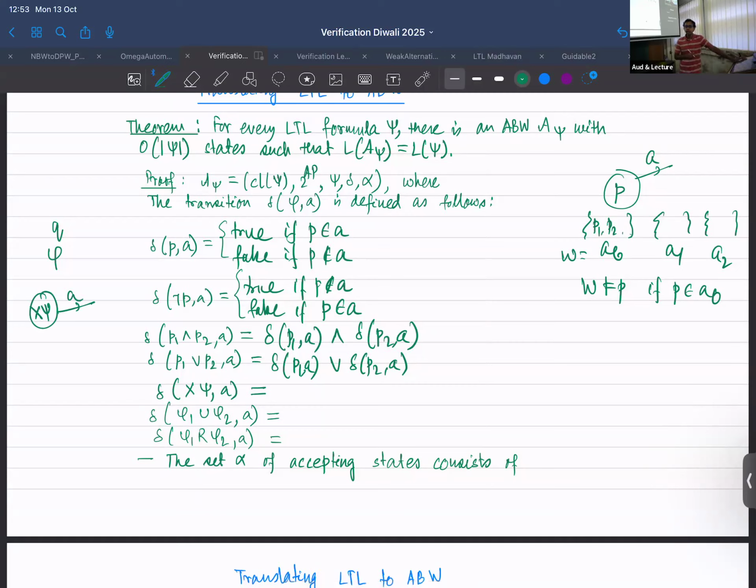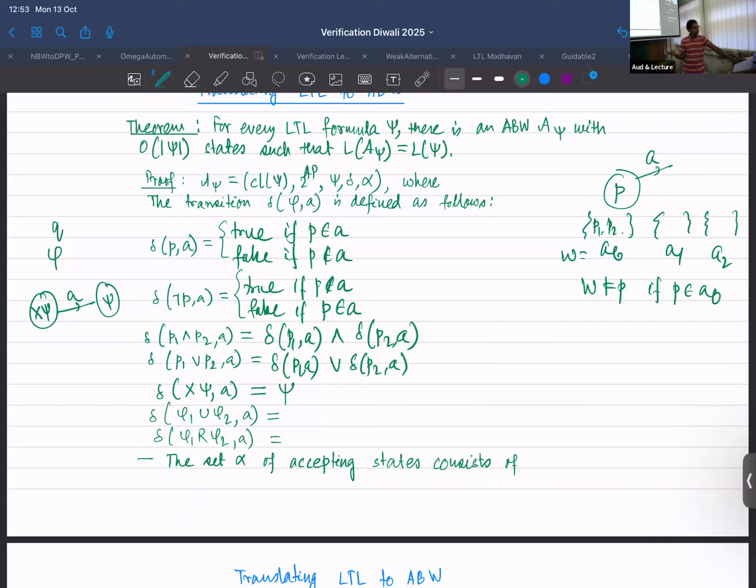You read A, and in the next state you have to satisfy psi. So if you are satisfying X psi from here, you read any letter, A, B, C, D, whatever, you go to the next state and you are satisfying psi. So delta of X psi, comma A is psi.